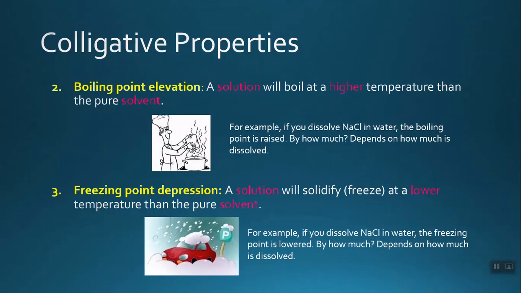It doesn't melt the snow, because a solution will freeze at a lower temperature than the pure solvent. The reason why we add salt to our roads in the winter, when it's about to snow or when it does snow, is so that the overall outside temperature has to be lower than 0 degrees Celsius.